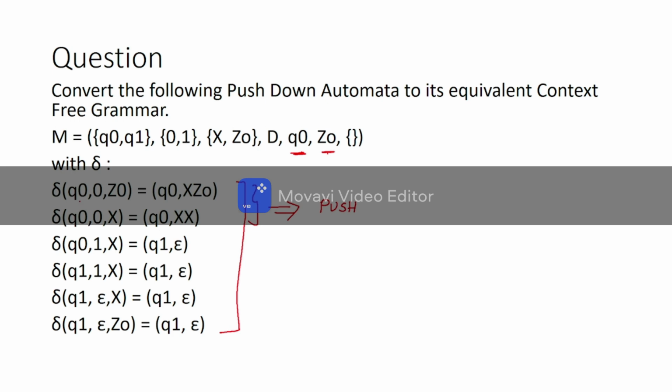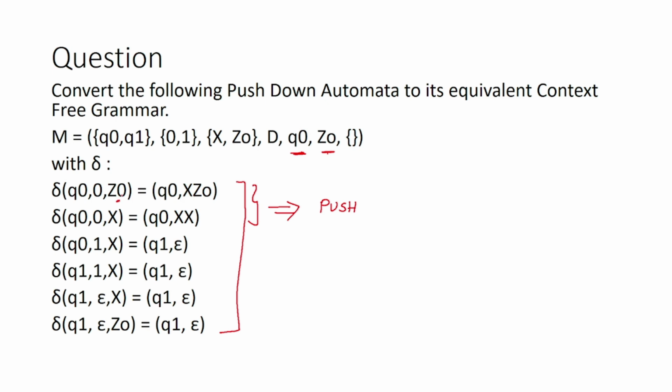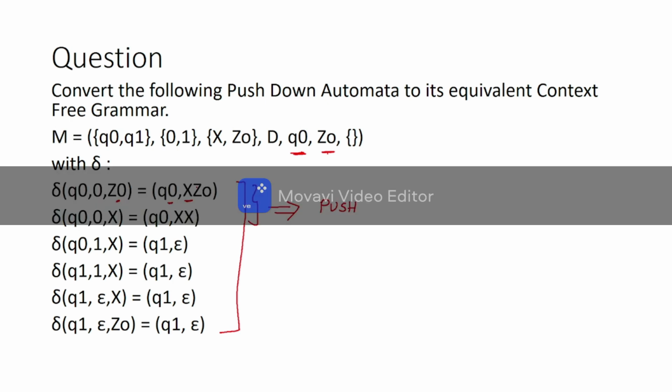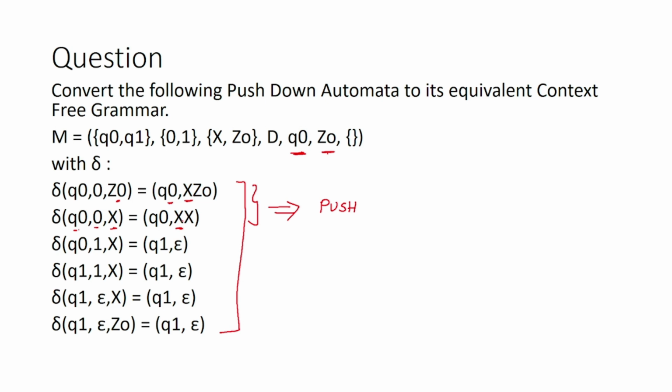See here, from the state q naught, if the input 0 is given and z naught is the initial stack symbol, then it goes to q naught, and ultimately the capital X, which is one more stack symbol, is pushed onto the stack, right. Same in the second one also, q naught, 0, X, one more X is pushed onto the stack. So, the first two transitions are performing the push operation.